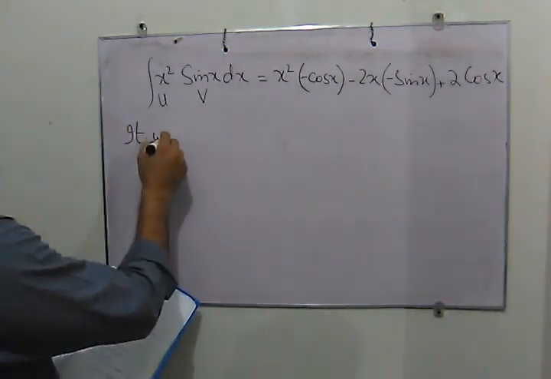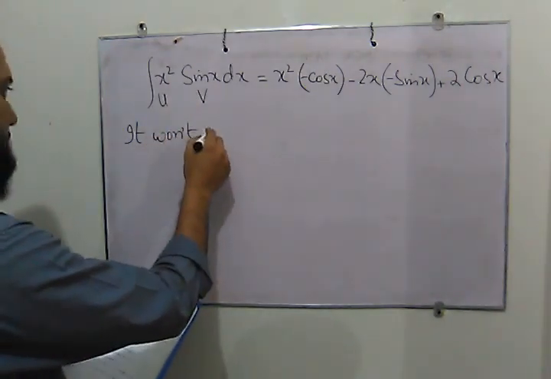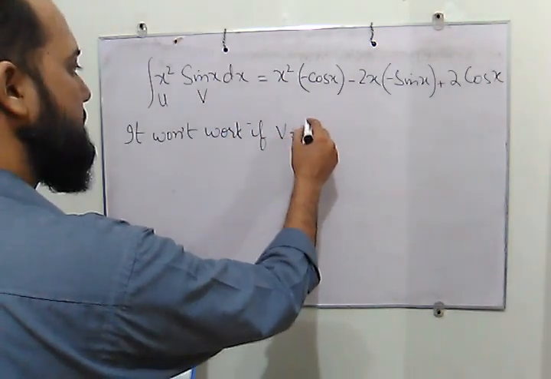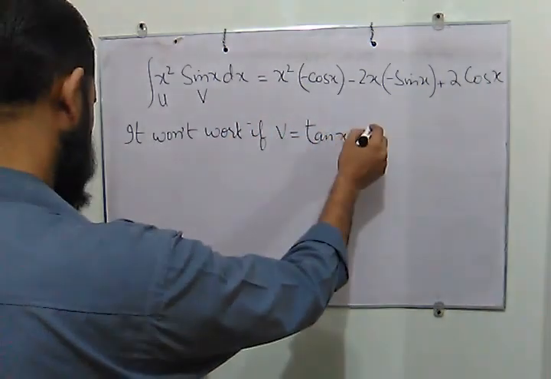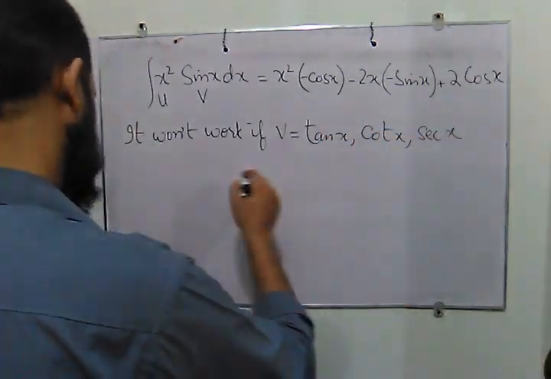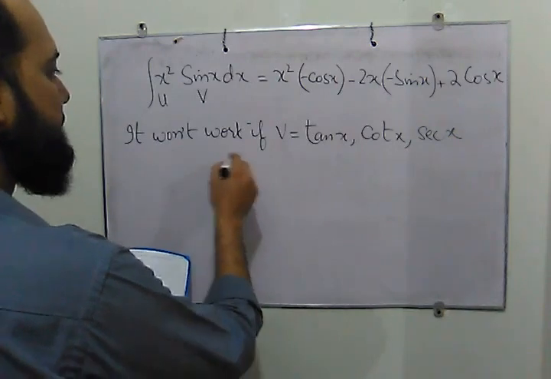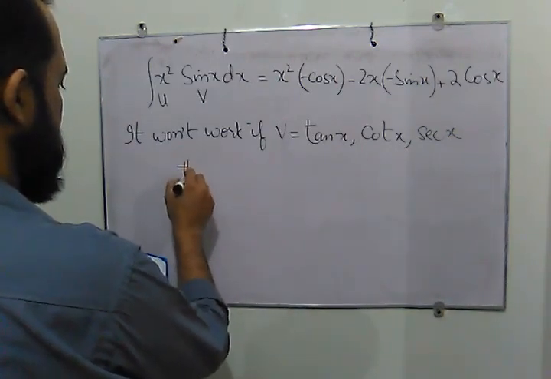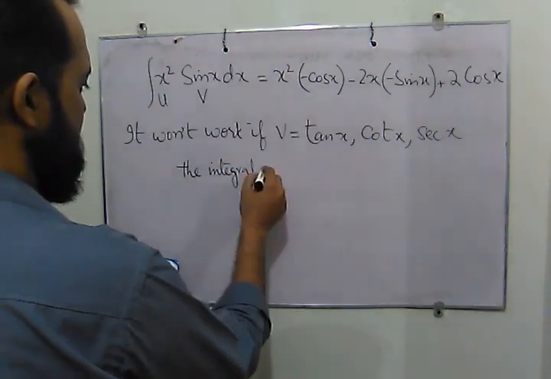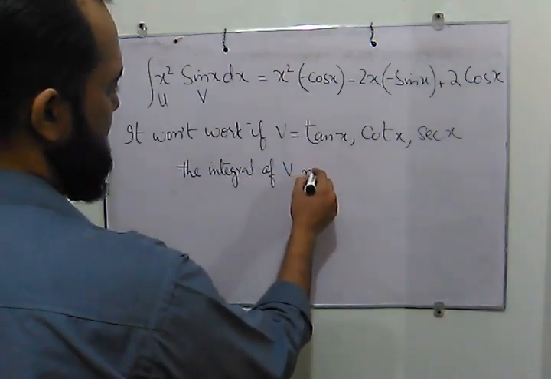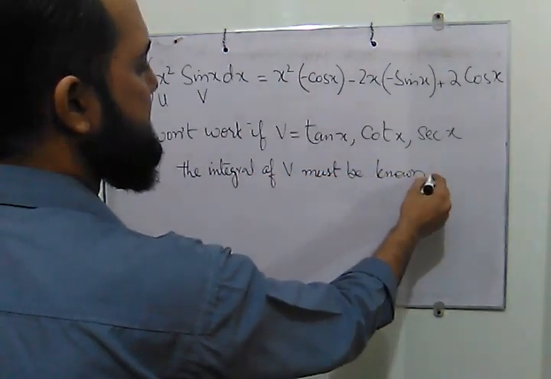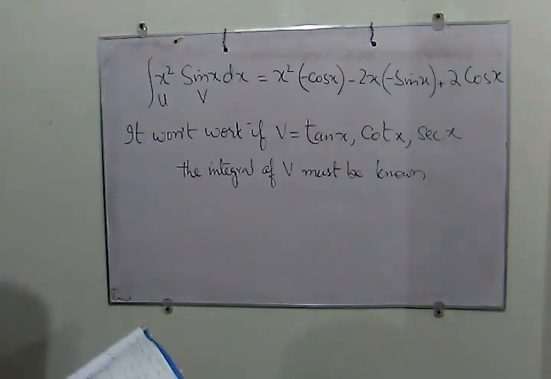This method will not work if v is equal to tan x, cot x or secant x, because it requires that the integral of v is known, which is easier in sin x and cos x.